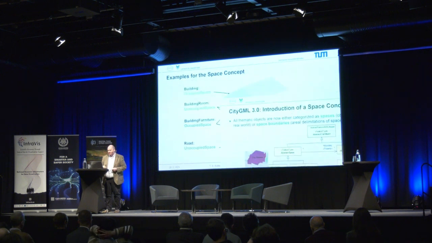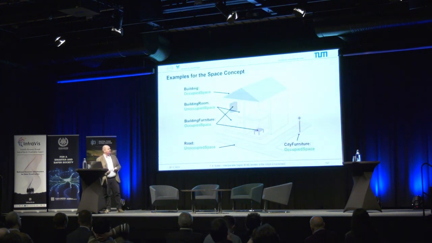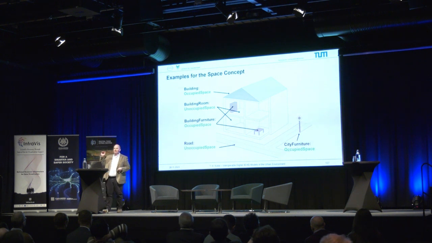To illustrate that, here is an illustration, and say the road is mostly unoccupied. There may be cars, there may be some traffic signs in there, but in the first hand it's unoccupied. And on the other side, the building, if you fly over the building, typically all that space is occupied. You cannot let a road go through that building.